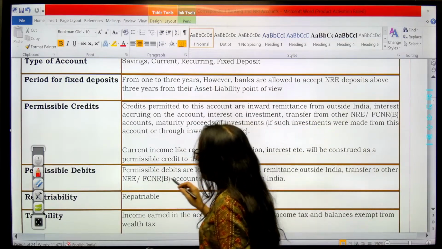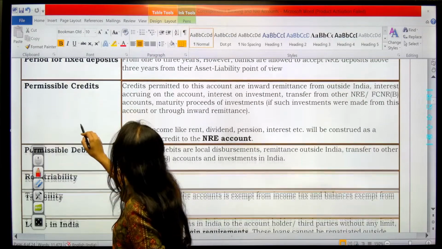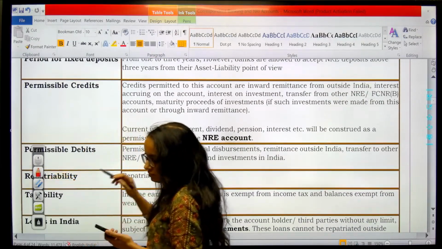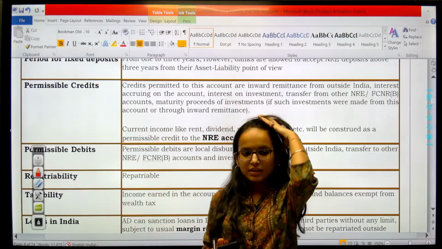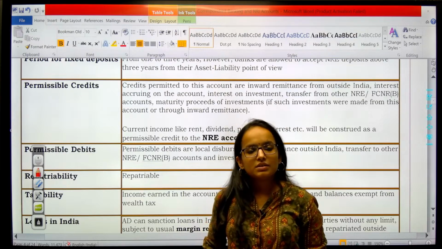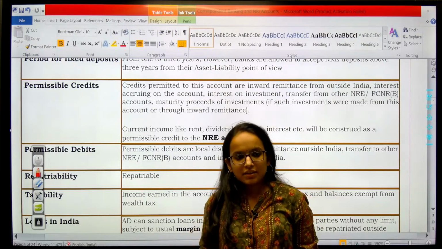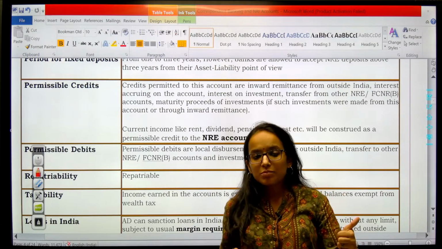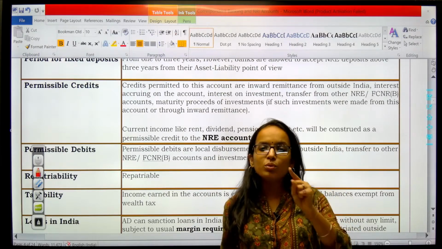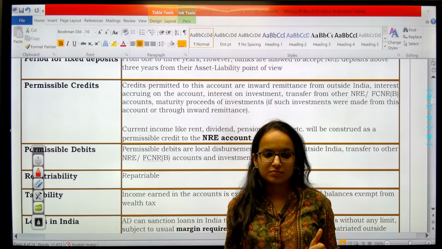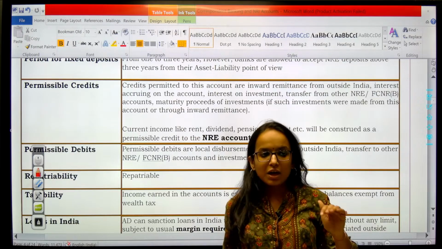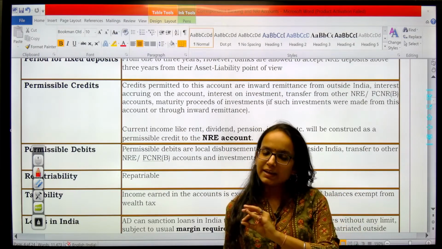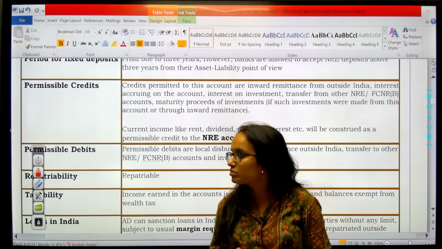Okay. Then let's see the permissible credits. What are the credits? Credit means the incoming funds. What all types of incoming funds are allowed into this NRE account? What all are permissible to be credited into your NRE account? Let's see.